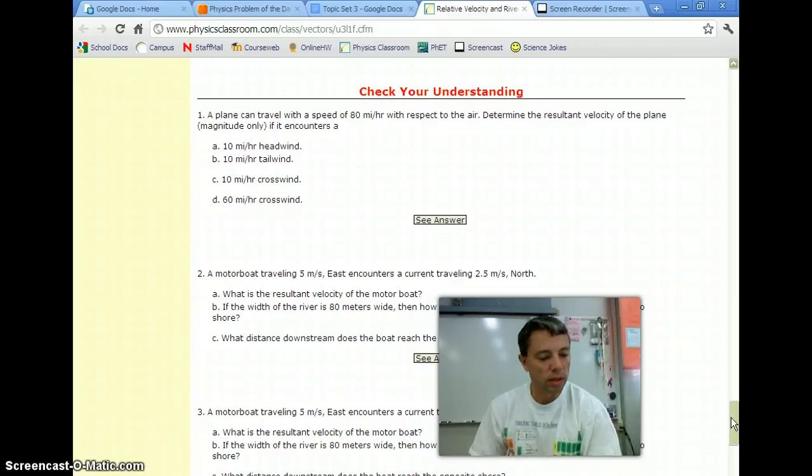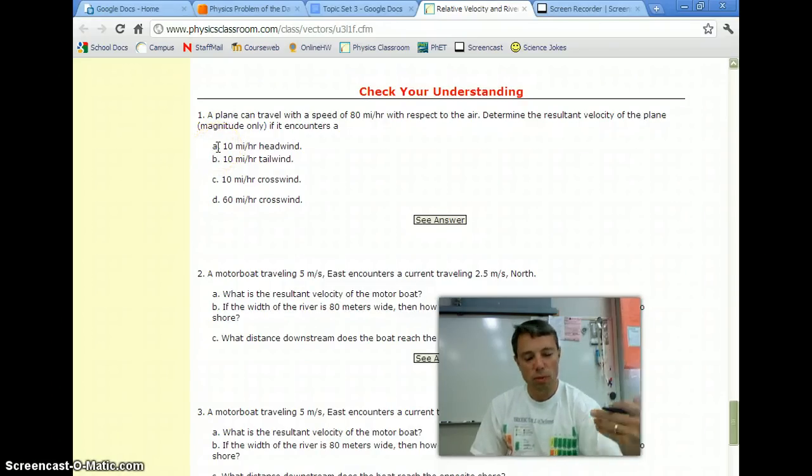If we have a plane that can travel with a speed of 80 miles per hour with respect to the air, determine the resultant velocity of the plane. If it encounters a headwind, that means the wind is coming directly at us, and so the speed of the plane would be only 70 miles per hour.